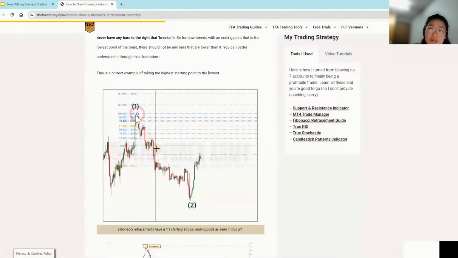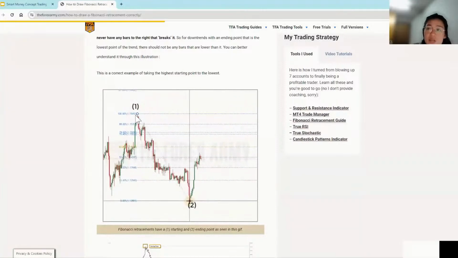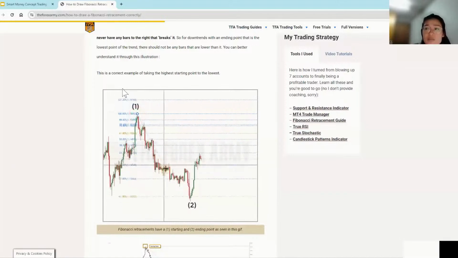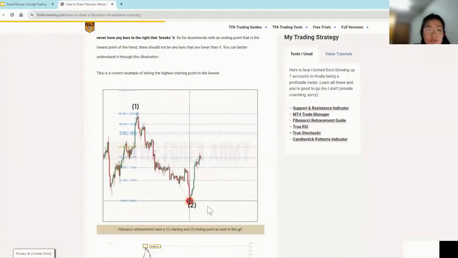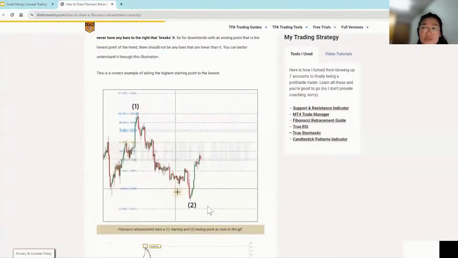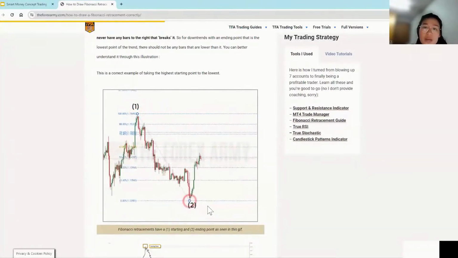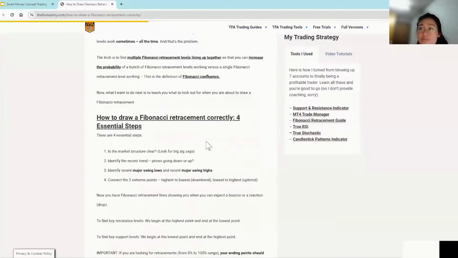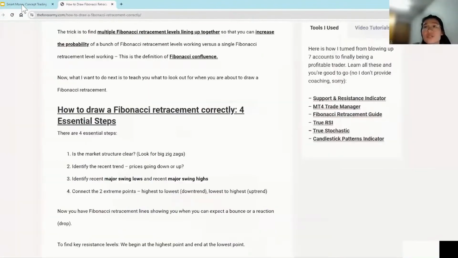So super basic, taking your Fibonacci retracement tool from the highest point to the lowest point, and then seeing where the levels line up or where prices have in the recent past reversed off of those levels or have tested those levels. Pretty straightforward.